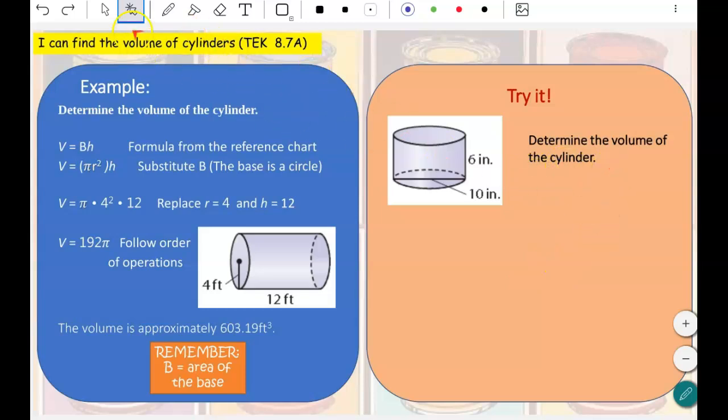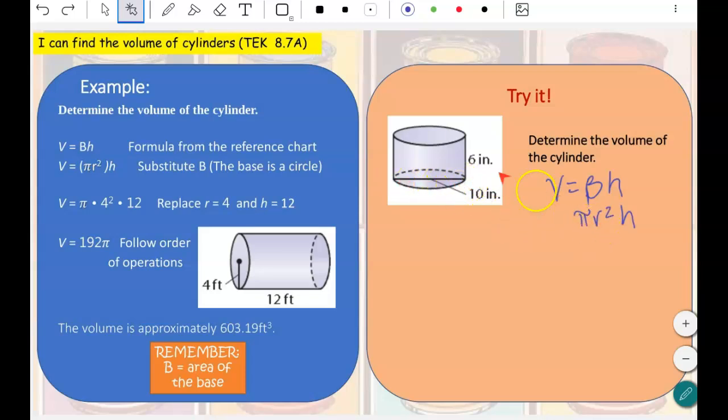All right, so let's try this one. Determine the volume of the cylinder. You're always going to start with that formula, which for the cylinder is B times H, and the B is pi r squared. Now on this cylinder, we have the diameter, not the radius.